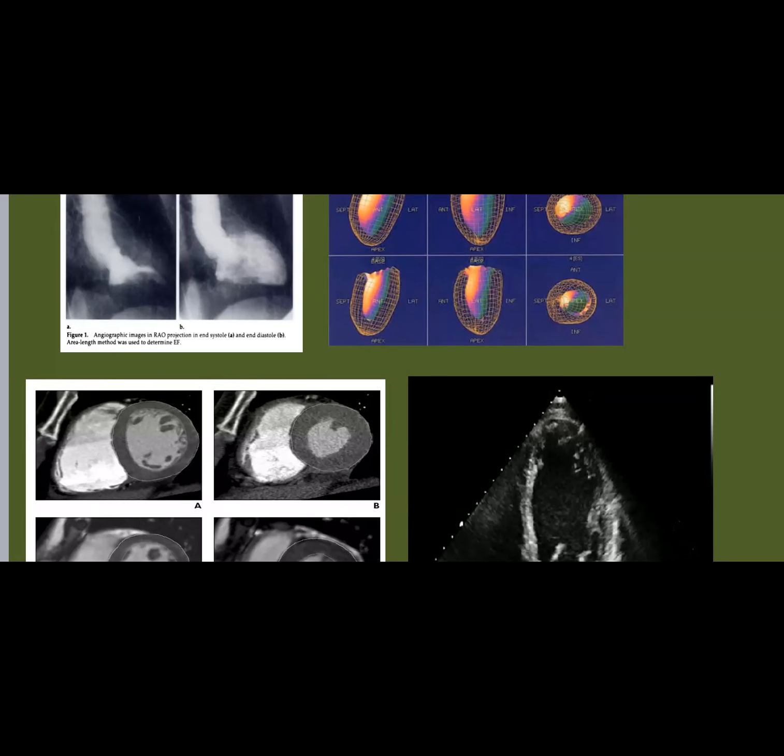Now in CT and MRI, and of course in echo. Now, if I ask you, from all the imaging technology we have in our hands right now, which one is the most accurate way of assessing the ejection fraction? MRI. CMR. Very good. MRI is considered the gold standard of volume assessment and ejection fraction assessment.